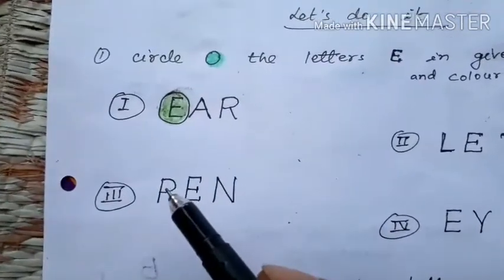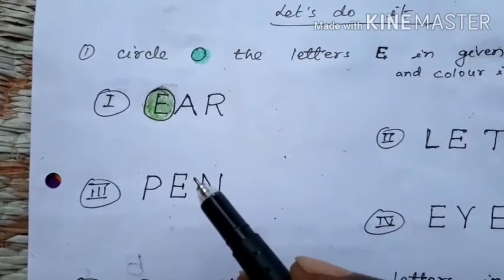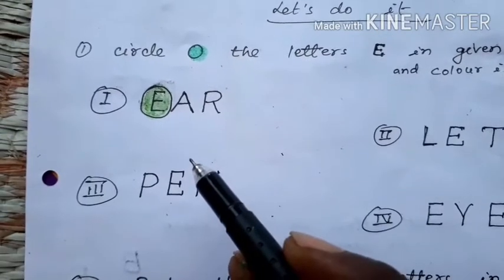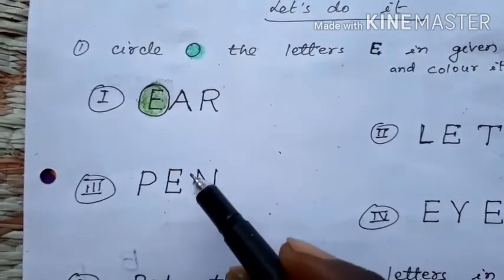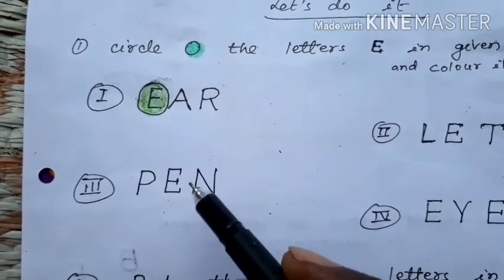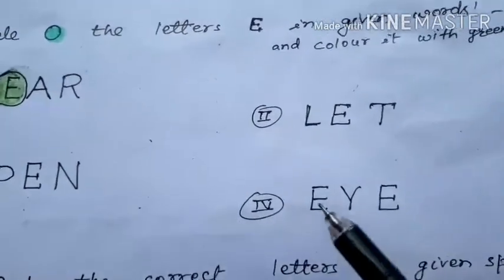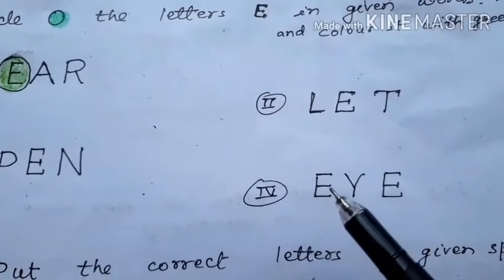In this way, third option, pen, P-E-N. Here also E is given in the middle, so they have to circle and fill the color. Next, eye, E-Y-E.